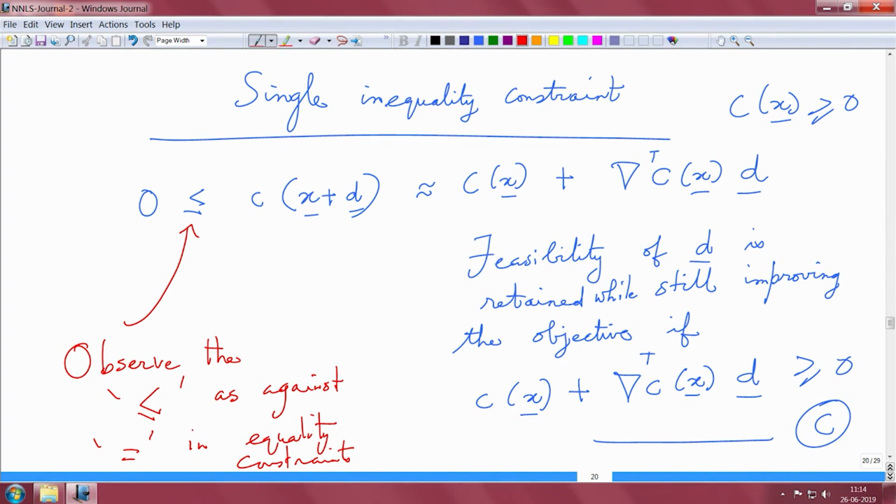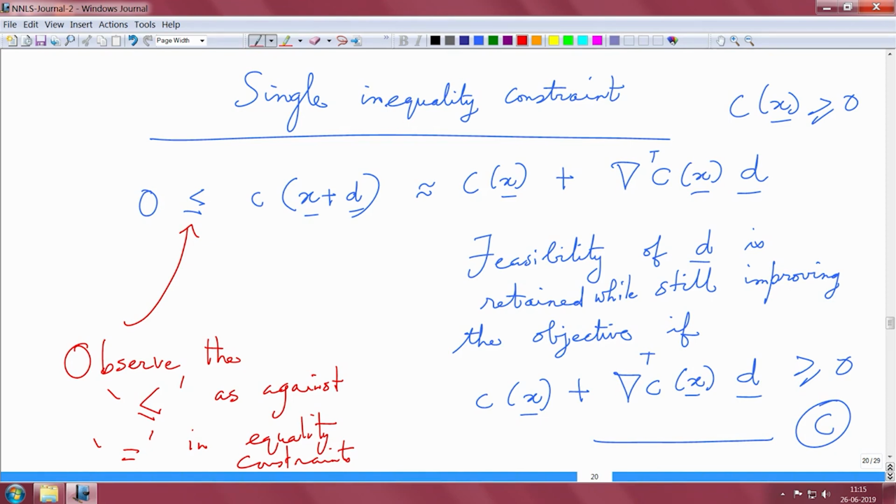Now, as usual, I expand through Taylor series approximation. C of x plus d is approximately C of x plus del C transposed d, right. This is what I have. Now, C of x plus d is greater than or equal to 0.